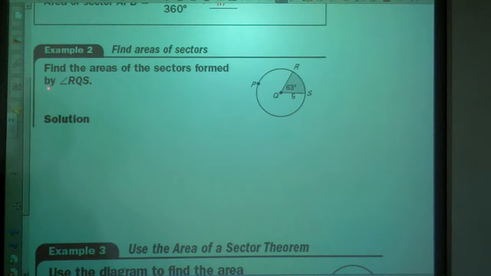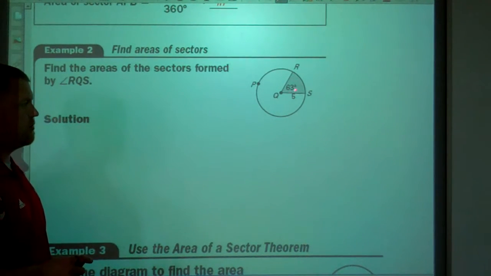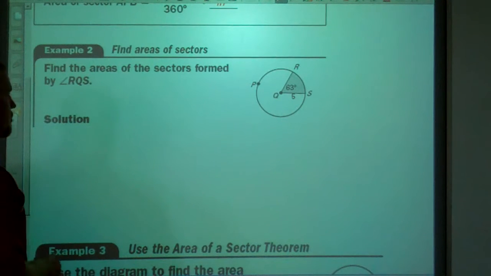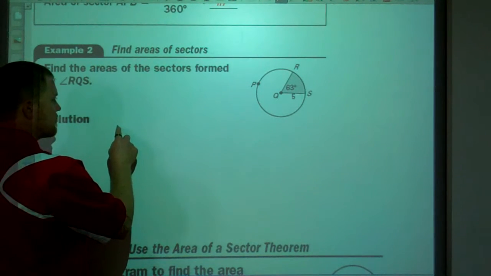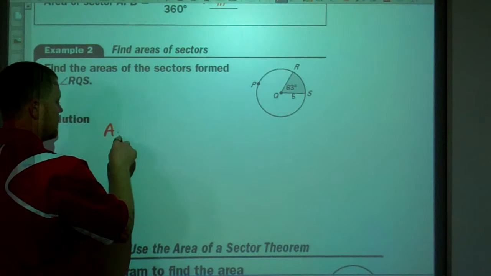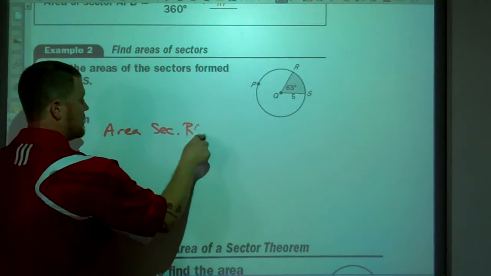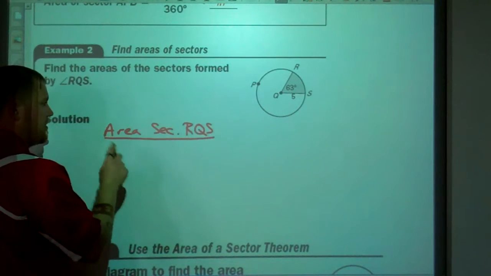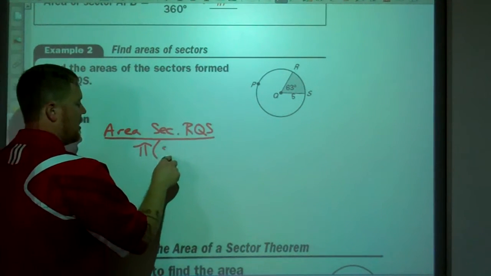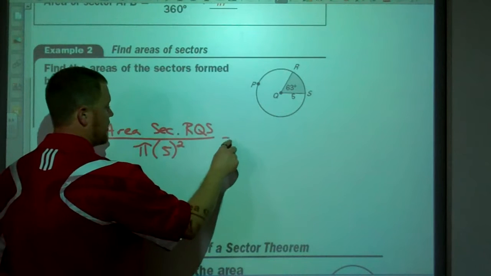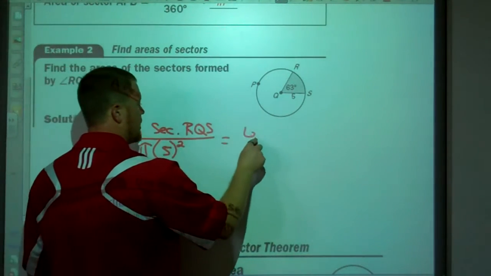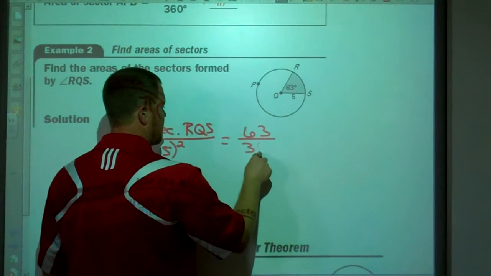Find the area of the sector formed by angle RQS. So we want to find this shaded region here. So we have the area of the sector RQS, which we don't know, divided by pi times 5 squared, equals the measure of the arc, 63, divided by 360.